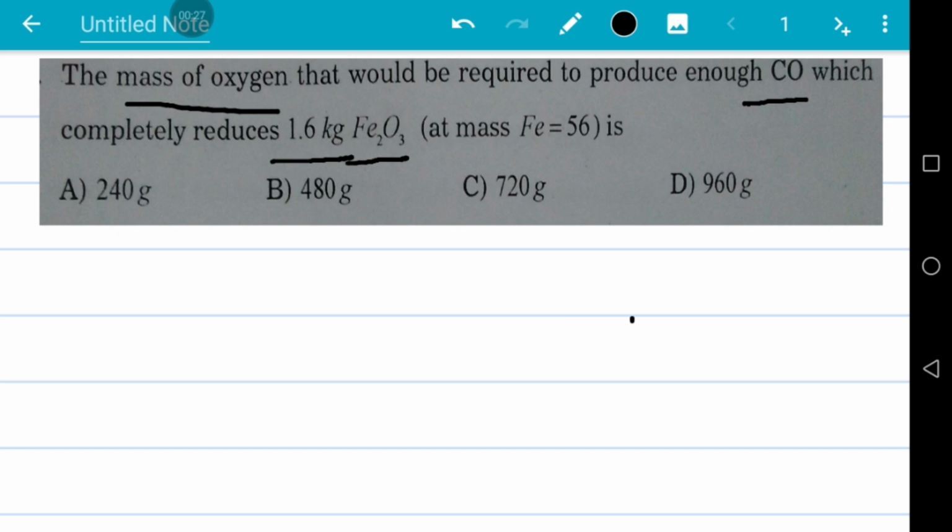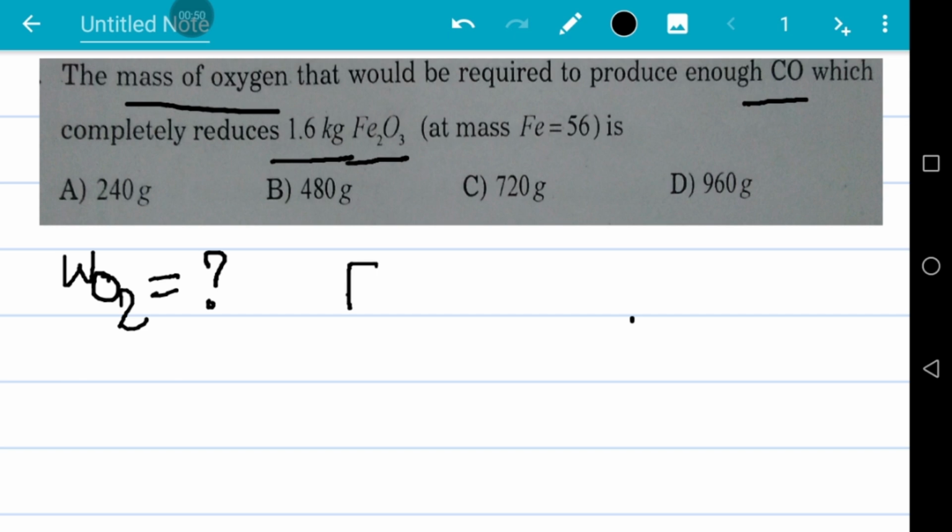Now coming to the given information, the mass of oxygen is required. So the mass of oxygen, question mark, we have to calculate to produce enough CO which completely reduces the Fe2O3.